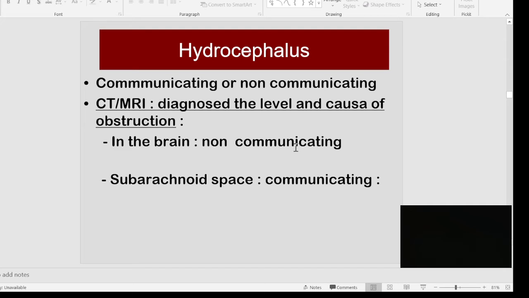It could be non-communicating or communicating. If it is exclusive within the brain, that is considered non-communicating. Then if it involves the subarachnoid space, it is communicating.